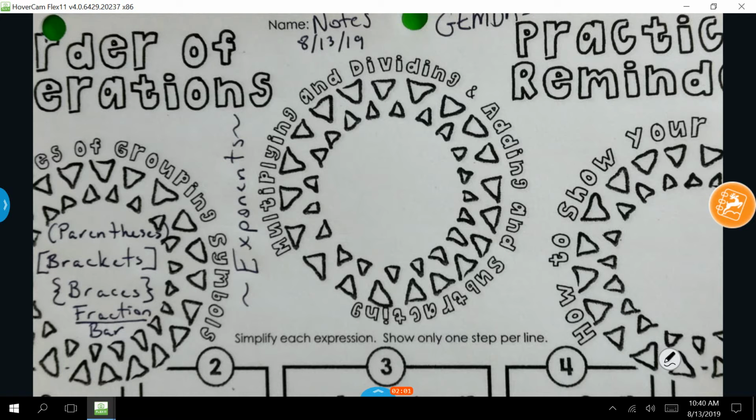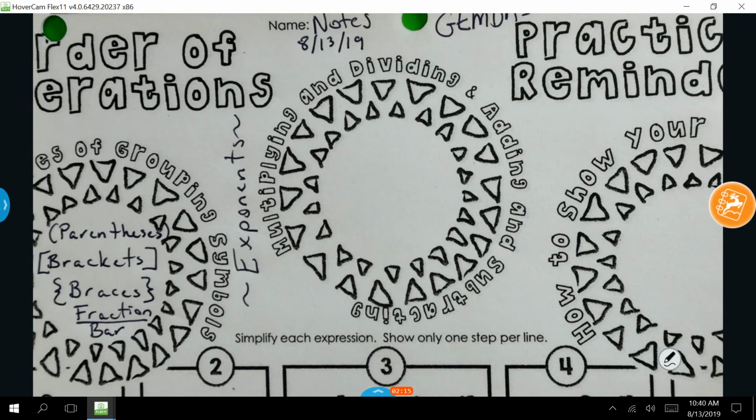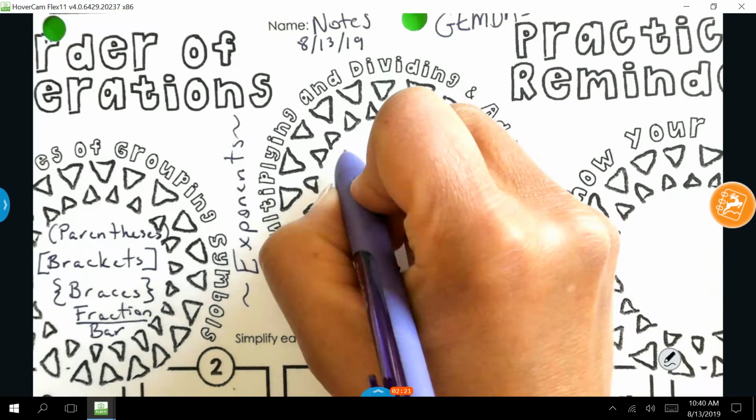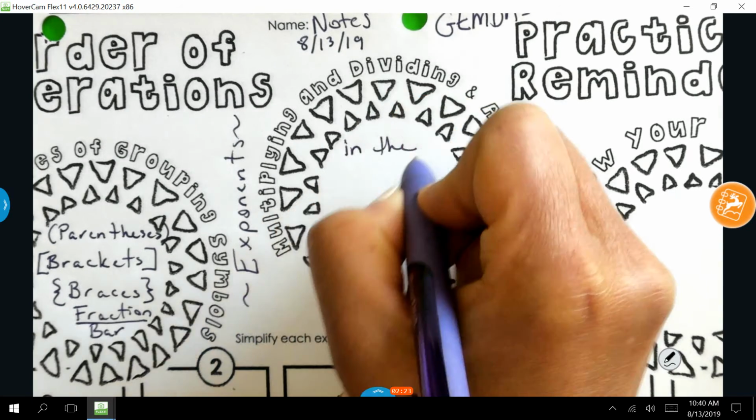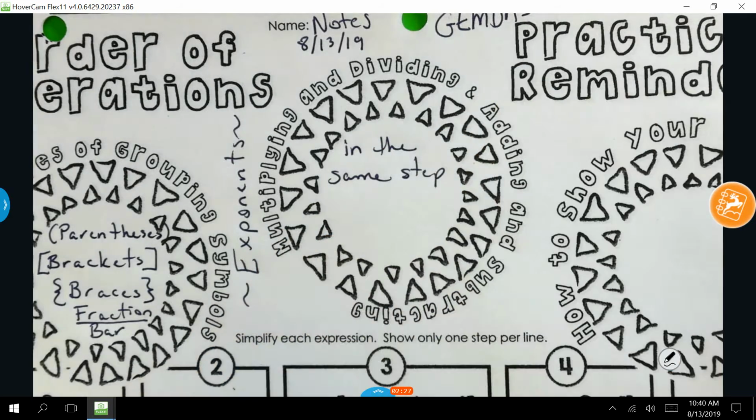The third step is to multiply and/or divide from left to right as you see it in the problem. You don't multiply and then do all the division. Whatever comes first. And then finally the same thing with addition and subtraction. You don't have to add before you do the subtraction. It's whatever you run into first, left to right. So it's all in the same step, meaning multiplying and dividing, and adding and subtracting.